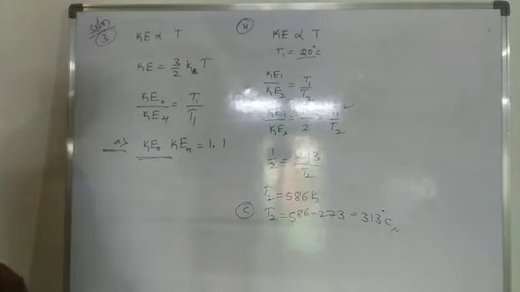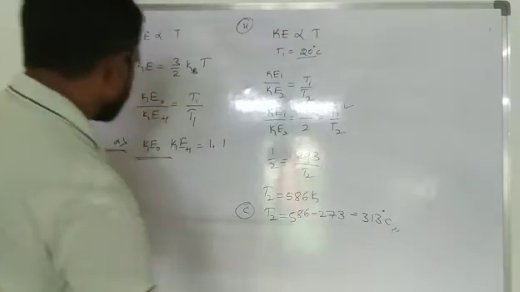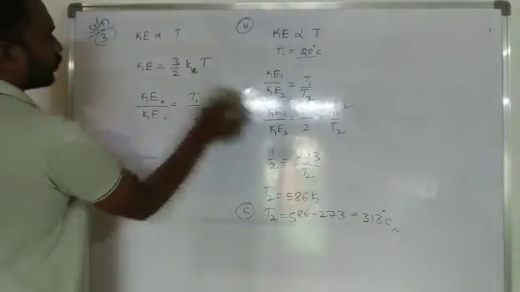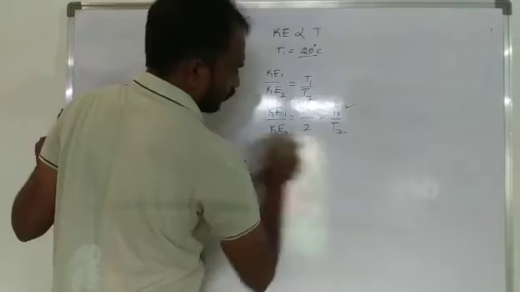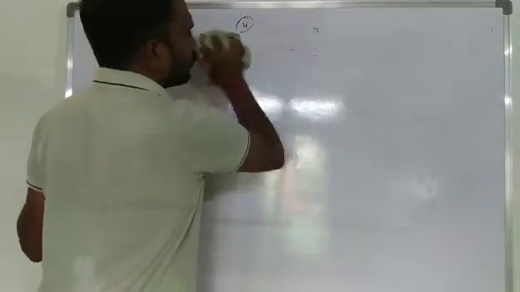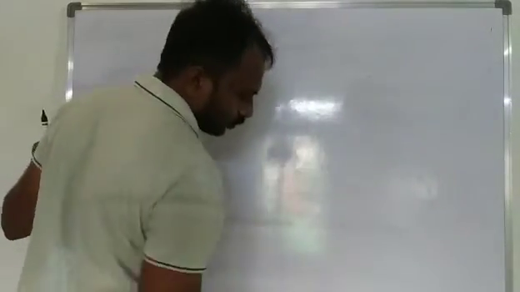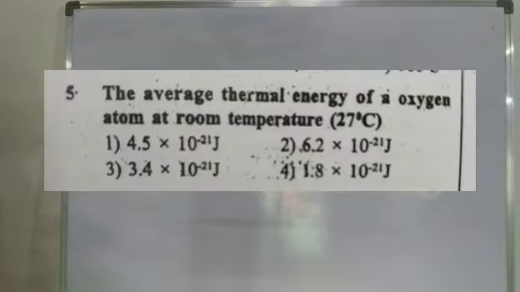And next problem. The average thermal energy of an oxygen atom at a room temperature of 27 degrees Celsius.